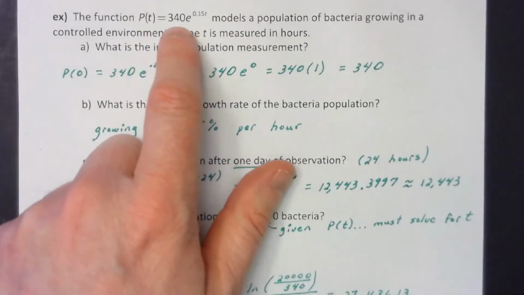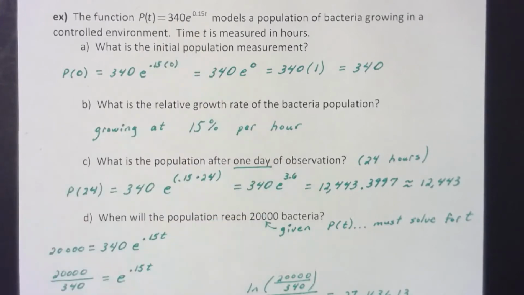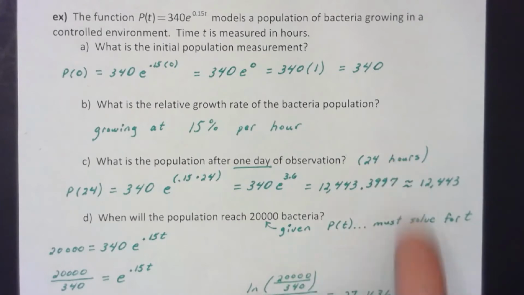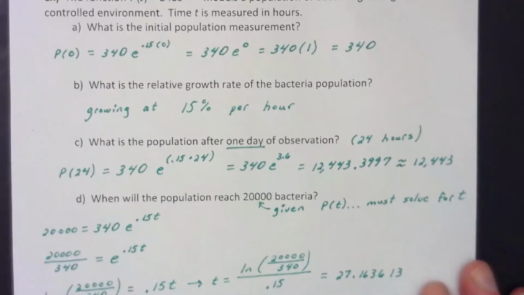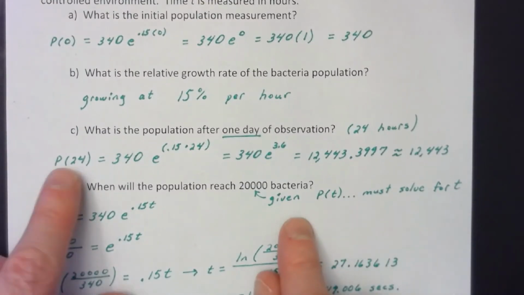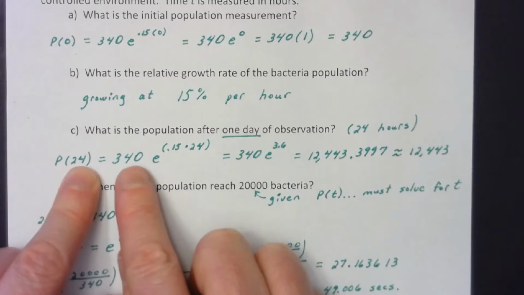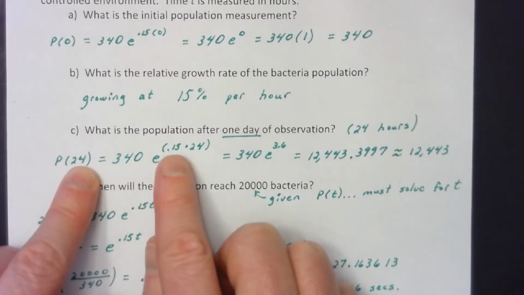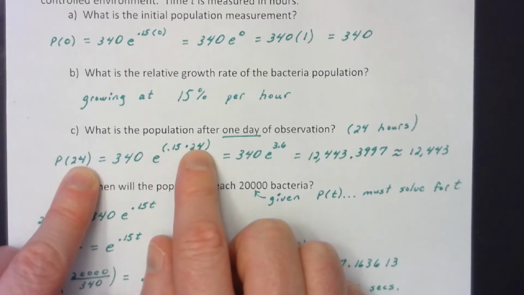So if the original population was 340 and it's growing at a rate of 15% per hour, then 1 day we know is 24 hours. So we can say, well, then this problem is just asking me, what is the population 24 hours later? So P of 24. You could say, well, it's going to give you 340 times the exponential function e to the r times t power, 0.15 times 24.